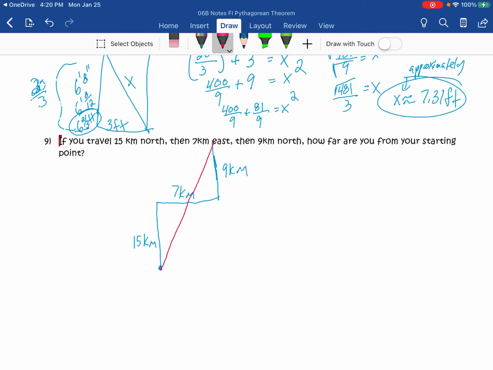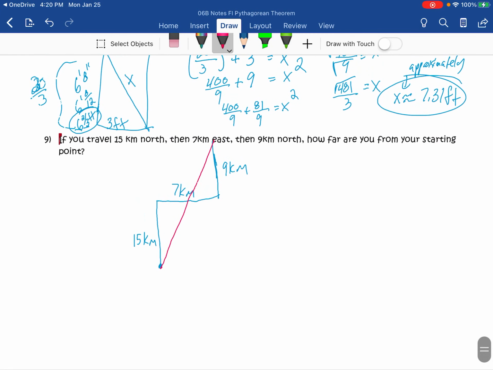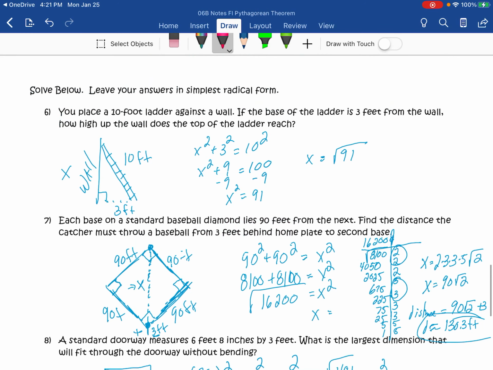So we're trying to find this distance here, so we need to find our right triangle. I make that the hypotenuse, and then I make the rest of the triangle from the other two sides. Now, I know this has to be 7, then this distance right here has to be 15. So this whole side is 24.